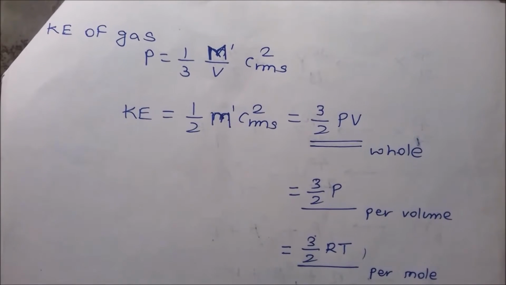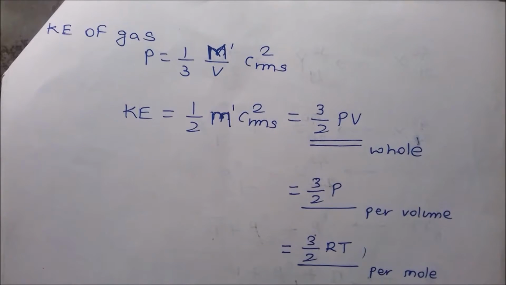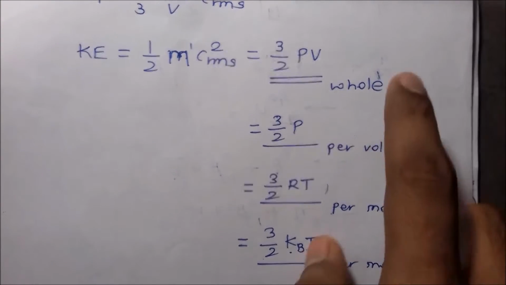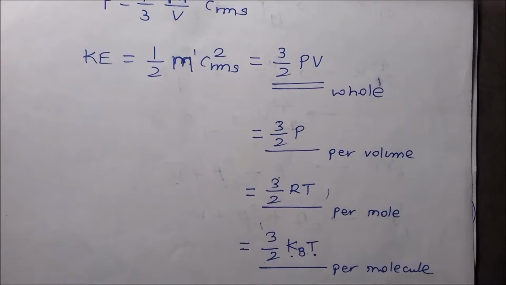Kinetic energy of gas: P is equal to 1 by 3 m dash upon V, CRMS square. M dash by V is the density rho. So kinetic energy of total gas is 3 by 2 PV.